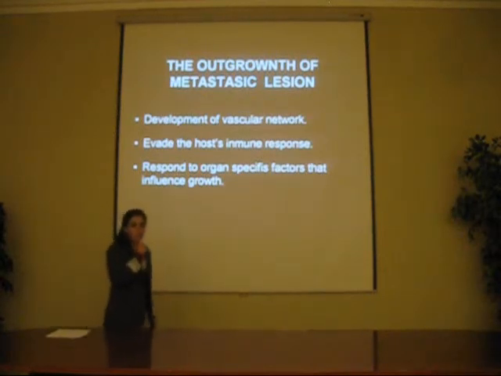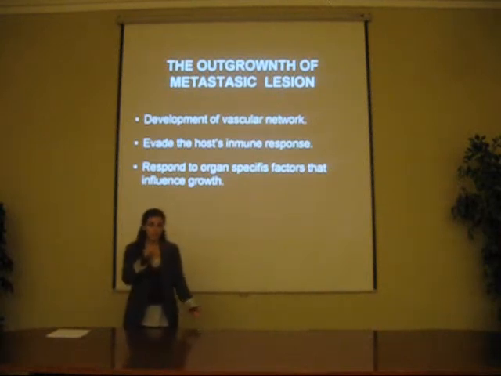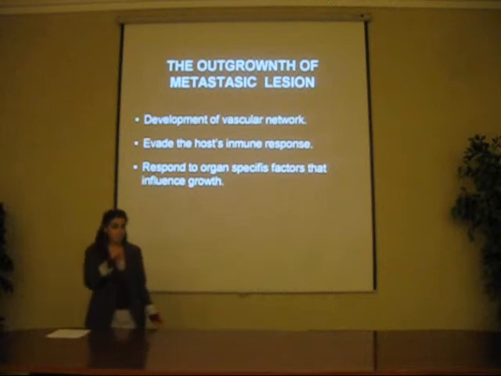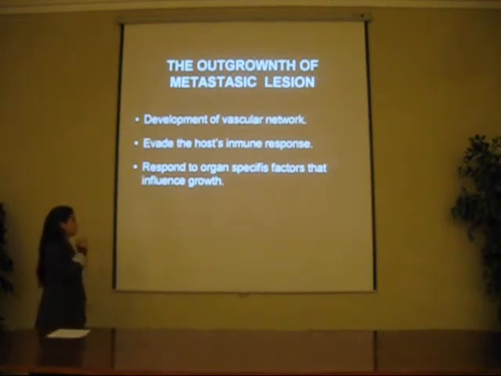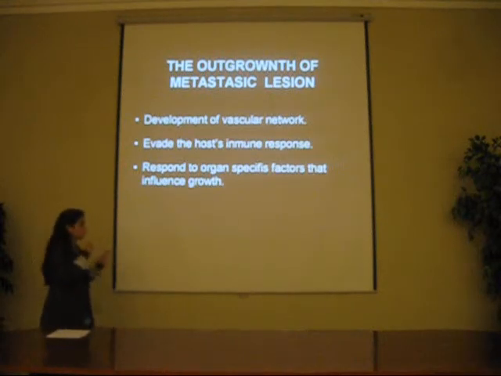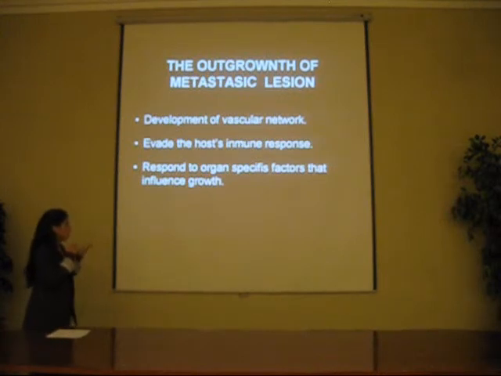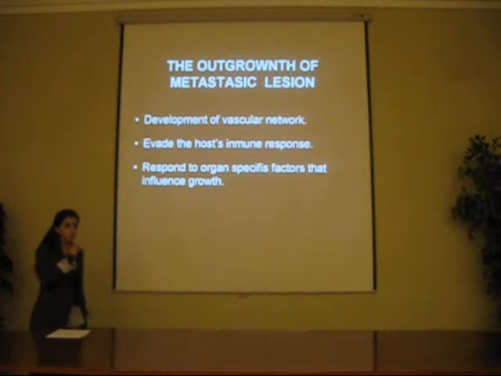Host-tumor cellular interactions can vary between patients, but the steps or events required for metastasis are the same for all tumors. First, they develop a vascular network, and they need to evade the host immune response. After, they have to respond to organ-specific factors that influence growth.